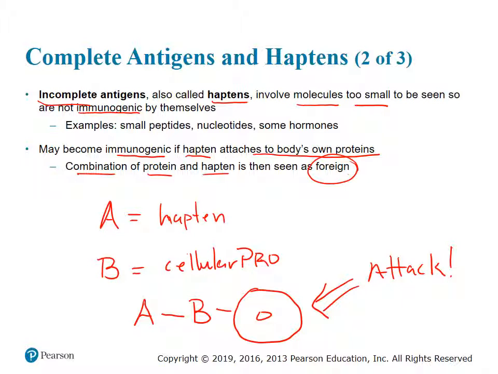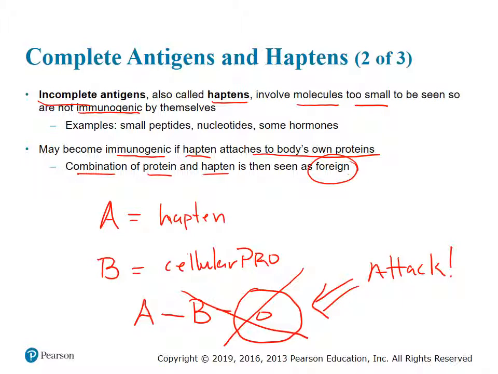And so what it will actually do is not only attack the A and the B, but also what's attached to it, because it doesn't know the difference. It will then start to attack and destroy those cells. And why is that really important? Because a hapten that becomes complete on the surface of our cell tells our immune system that those are foreign, and then actually destroys our own cells.